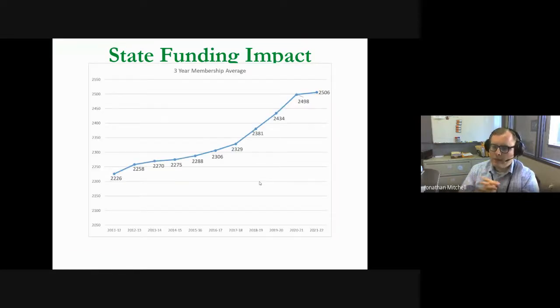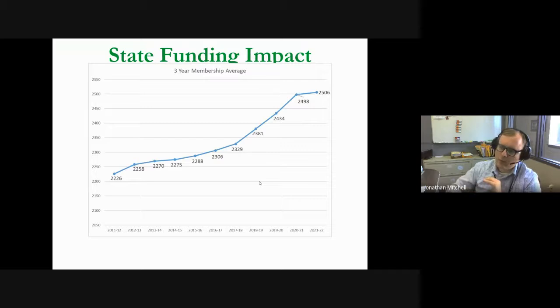And where that has a positive impact for the Greendale community is this is the 3-year average. So each of these years, you're seeing a related number, and that is the 3-year average at that point in time. And what we have seen within the Greendale community is that there has been a turnover of homes in the community and a number of younger families that have moved in, and it has resulted in an increase in student population over the last 10 years.